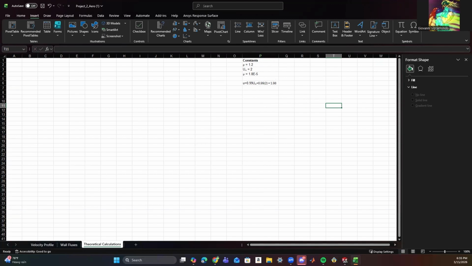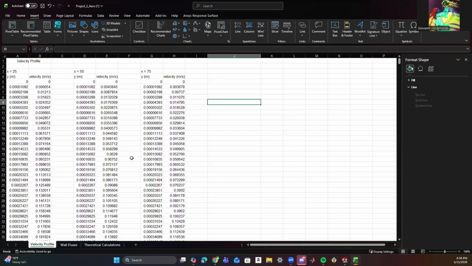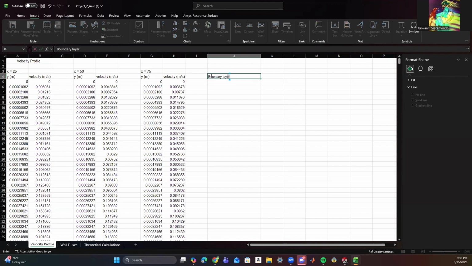Now that we have that, we are going to go to our velocity profile and find where velocity equals 1.98. So we're going to do boundary layer node, and then when x equals 25 centimeters, when x equals 50 centimeters, and when x equals 75 centimeters.